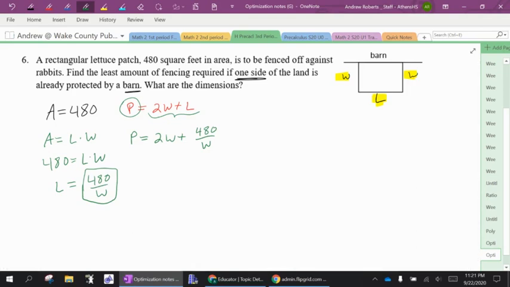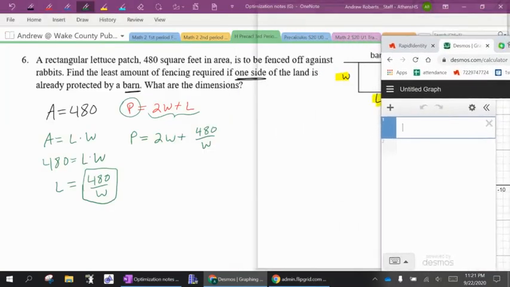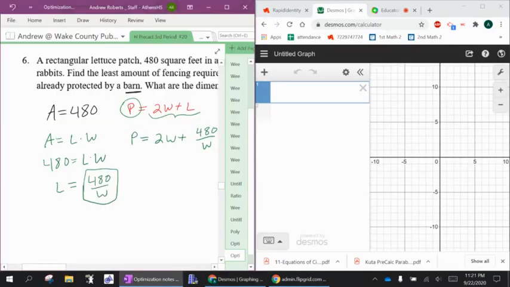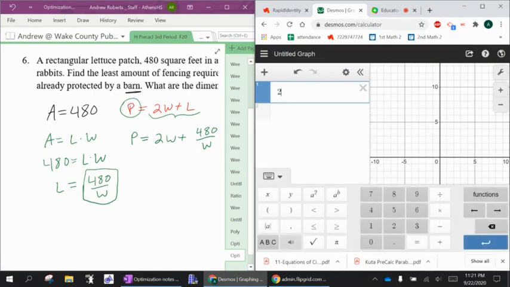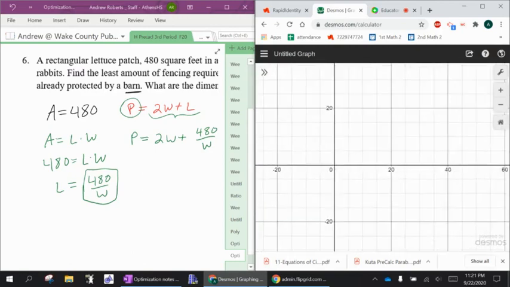Now, you can use your graphing calculator. I'm going to be fancy, and I'm going to use Desmos. And so for Desmos, W is my x, so the equation is 2x plus 480 divided by x. Okay, so that has been graphed, and I'm going to look and see if I can find it.